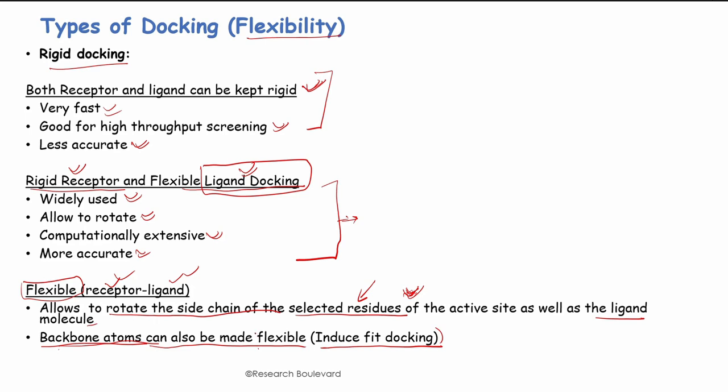When you allow the backbone atoms to be flexible, you can generate different conformers, and different conformers will also change the volume of the active site pocket.